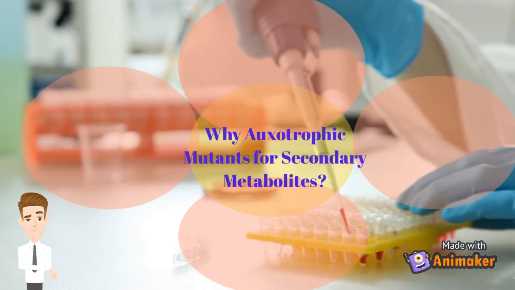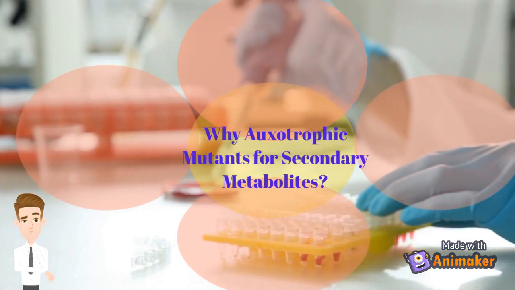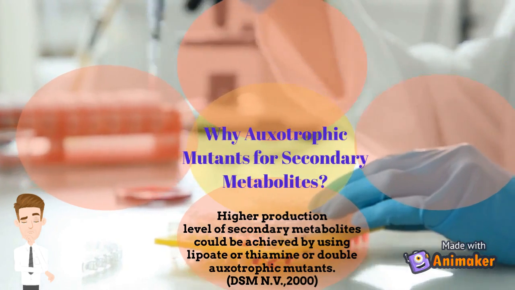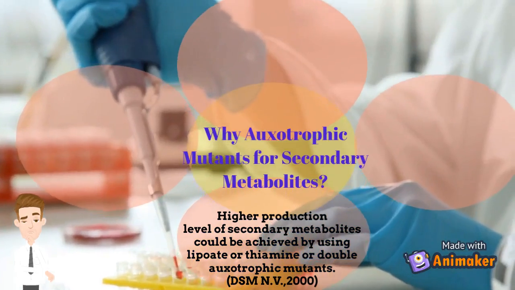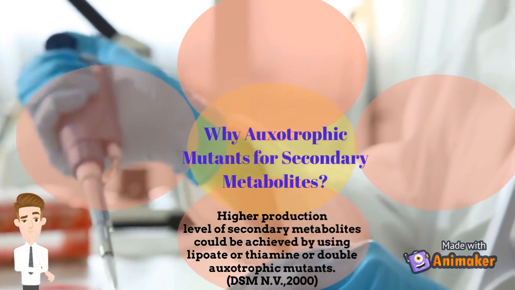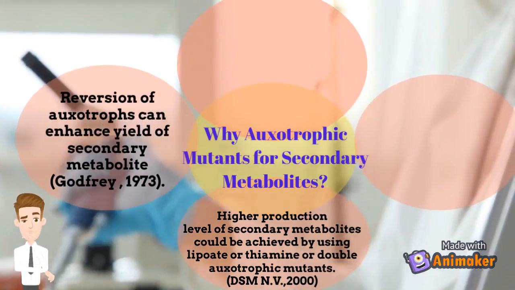Here are some of the reasons why auxotrophic mutants are used to produce secondary metabolites. A higher production level of secondary metabolites will be achieved by using auxotrophic mutants such as lipoid or thymine. They can also be used to enhance the yield of secondary metabolites.